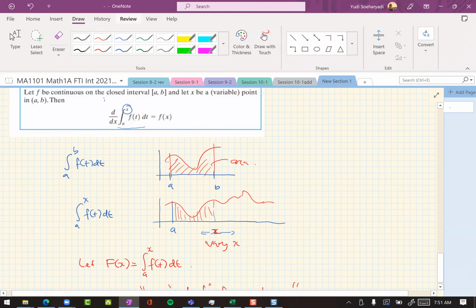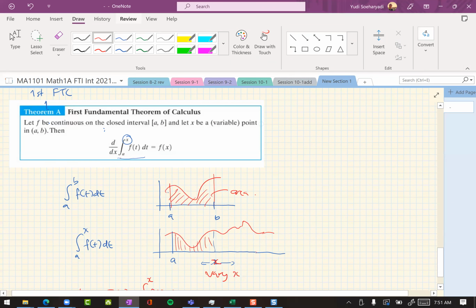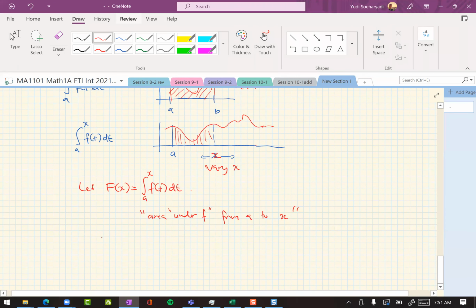All right, so the fundamental theorem of calculus says that if you compute the derivative of the integral from A to X, so meaning that this d/dx derivative of F(x), okay, so that means F prime, that's equal to f itself.